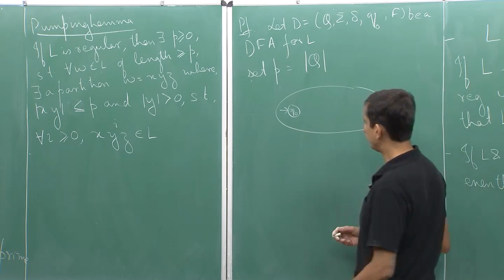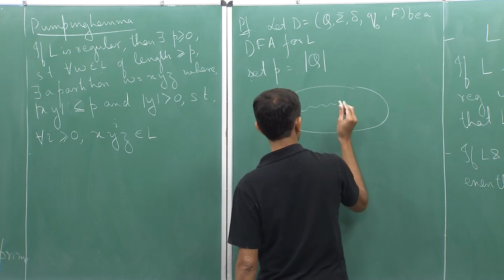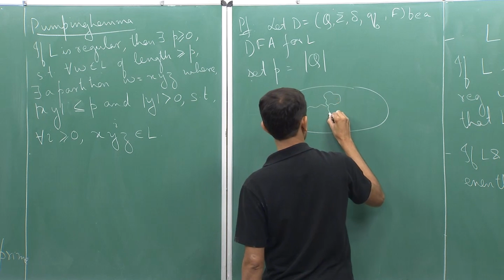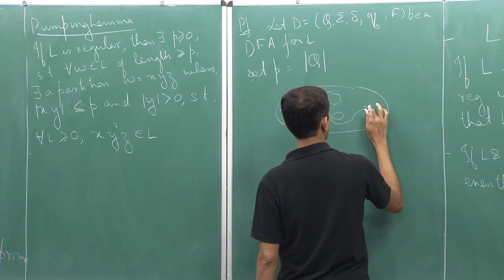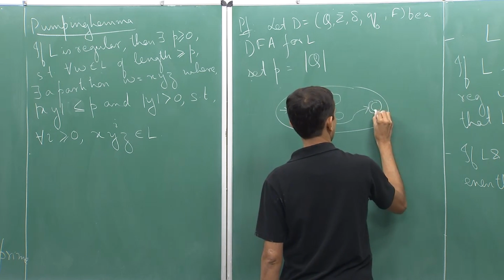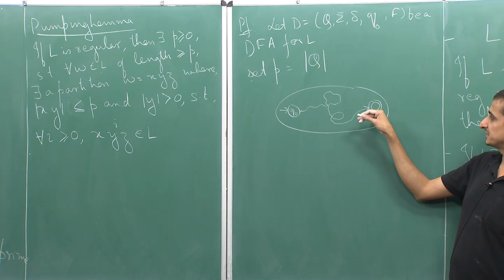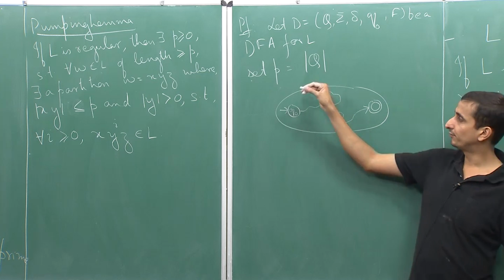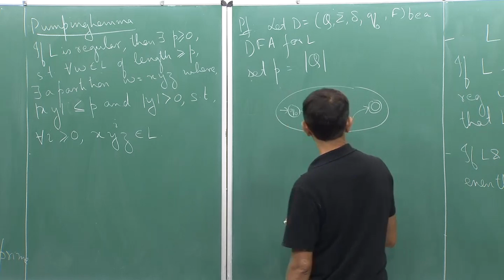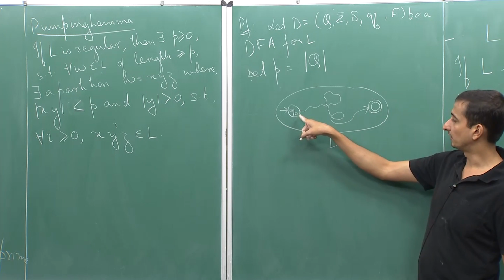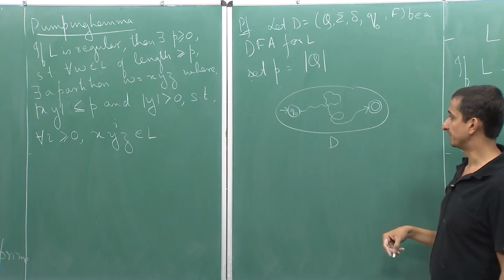It means that there is a walk from the state q0 to some accept state of the DFA on the string w.